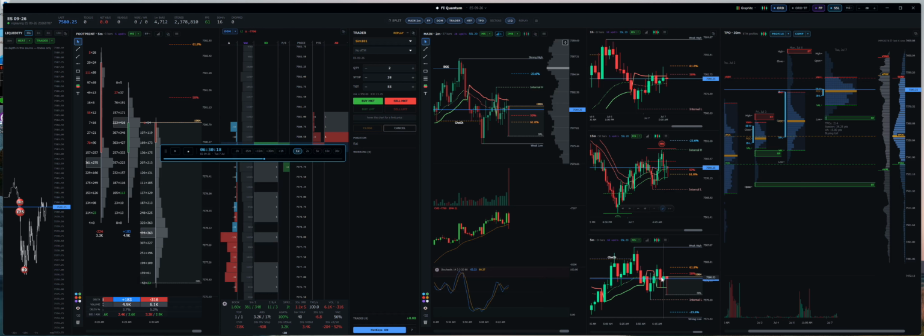We are in a bullish context, but I don't like it, right? You have a break of structure. As soon as you get the break of structure, you instantly get a change of character. So shorts are here, right?